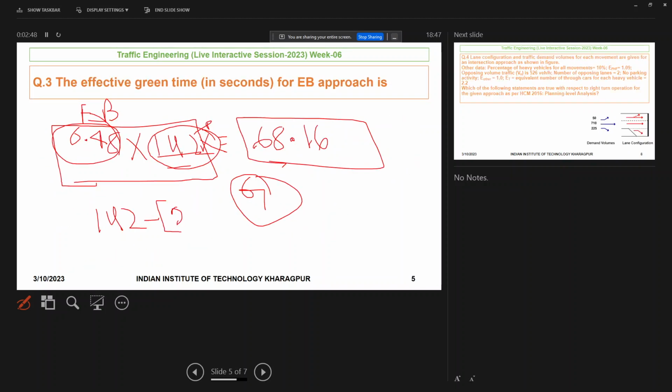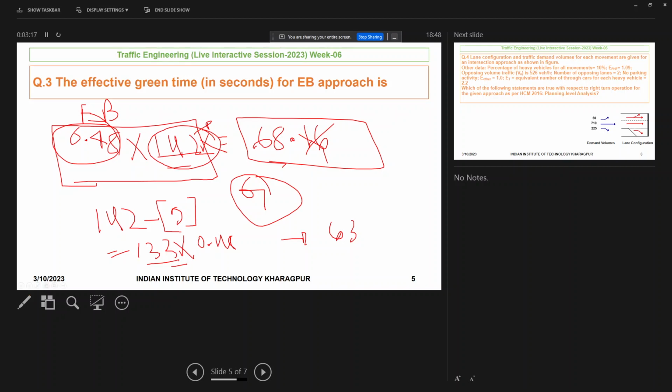So 142 minus 9 means 133. 133 into 0.4. So this is not the correct answer. 133 into 0.4, so maybe 63 or 64 will be the right answer.